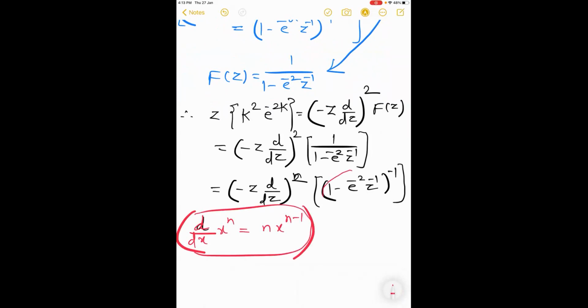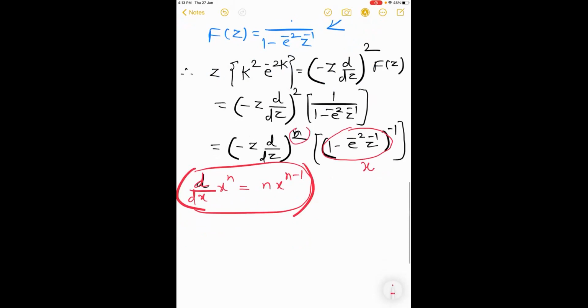So this is like your x raised to minus 1. Now we have to do differentiation two times. The first differentiation I can write down as, now here it is d by dz, only that is the change, minus 1 into 1 minus e raised to minus 2 z raised to minus 1, raised to minus 2, correct?